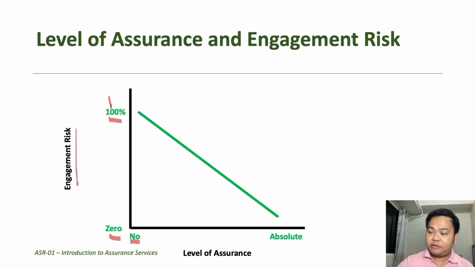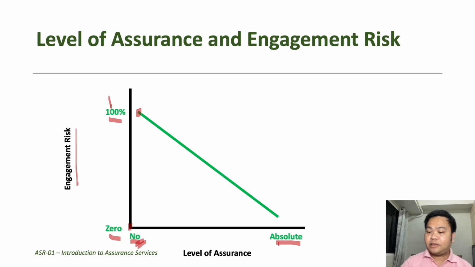So if we did not perform any procedure and issue zero assurance, it will result to 100% risk, the risk that our conclusion is incorrect. But if we perform all the required procedures, theoretically we will issue absolute assurance and the risk is zero, meaning our conclusion is correct.